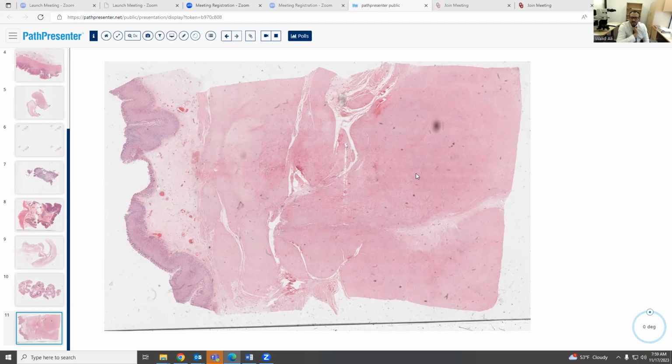I don't think GERD can happen in the upper esophagus. Usually it involves the lower esophagus. That's why the clinicians biopsy both, upper and lower, to tell the difference. But yeah, if we find just eosinophils in the upper esophagus, it will make it easier for us.